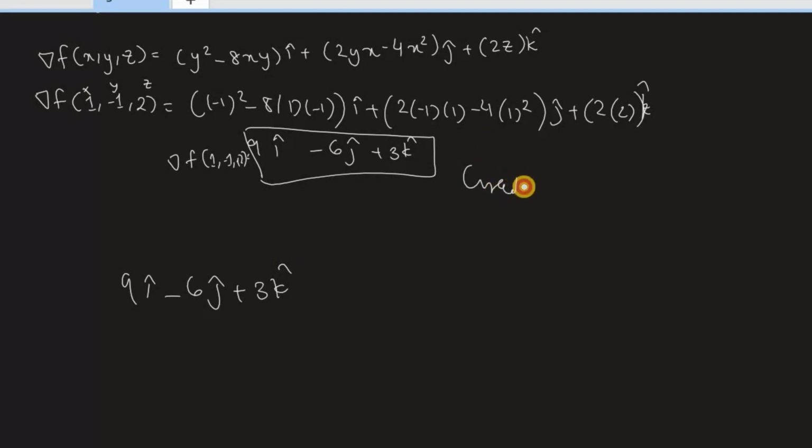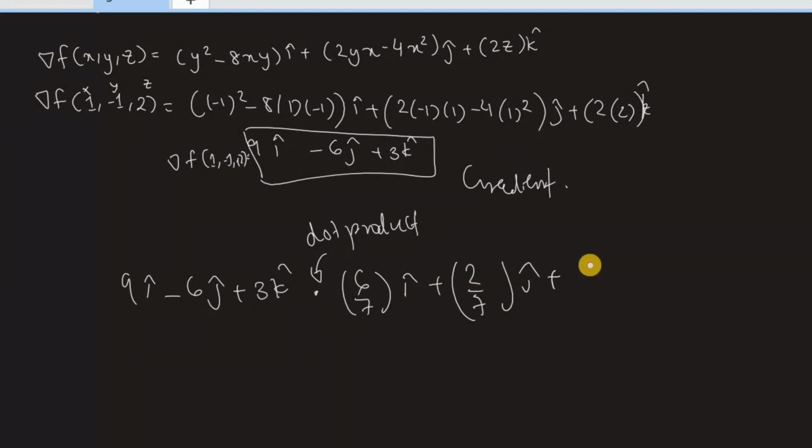That's my gradient vector, and we dot product it with the unit vector that we just found: 6/7 i hat plus 2/7 j hat plus 3/7 k hat.